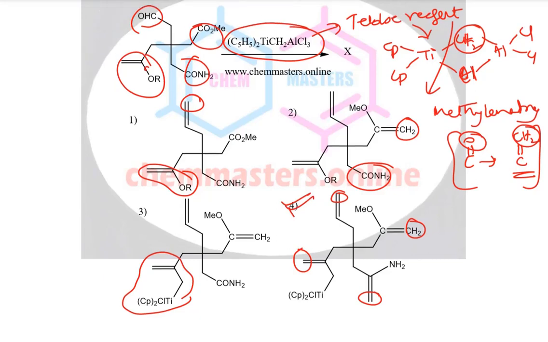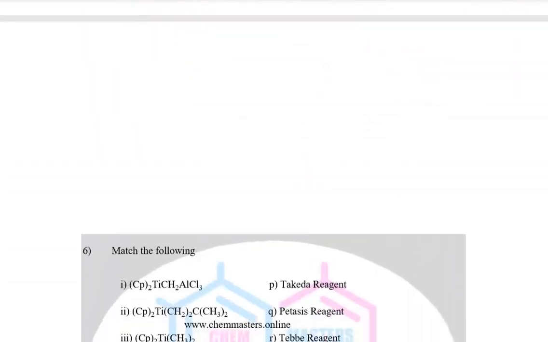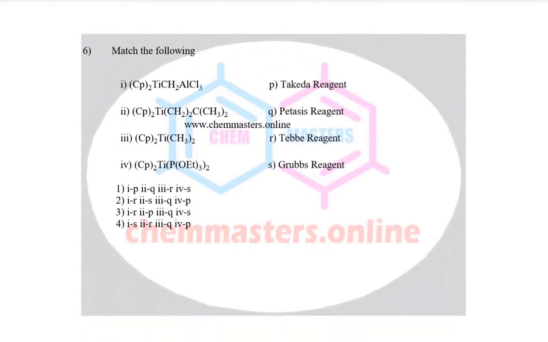Okay, right. And next question. Match the following. Here we have given different kinds of reagents with their names and their structures. The first one, we have given in the previous one, indicates Tebbe reagent.